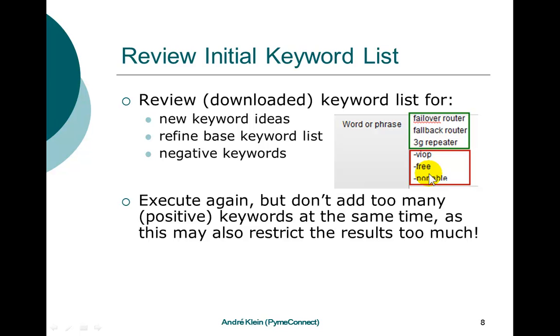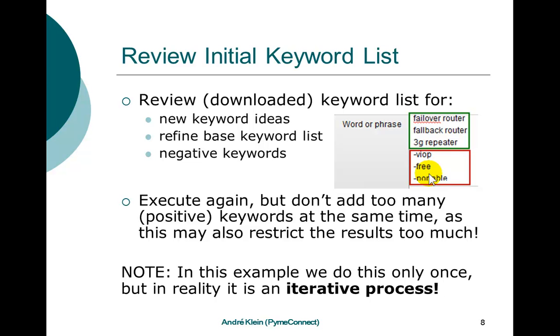So I will then execute again, but I recommend not adding too many positive keywords at the same time, as this may also restrict the results too much. You have to try this. And this is really an example where we do this only once, but in reality this part is an iterative process.